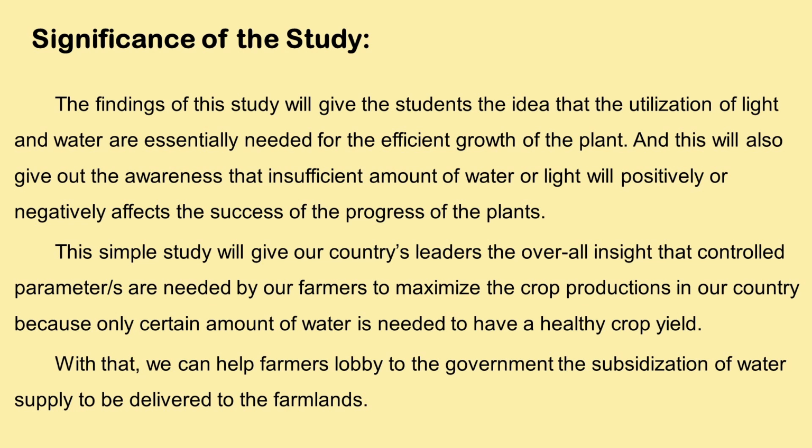This simple study will give our country's leaders the overall insight that controlled parameters are needed by our farmers to maximize the crop production in our country, because only a certain amount of water is needed to have a healthy crop yield. With that, we can help farmers to lobby for the subsidization of water supply by our dear government.